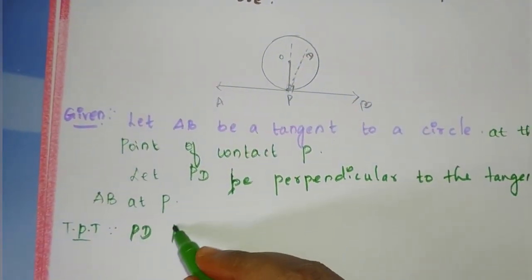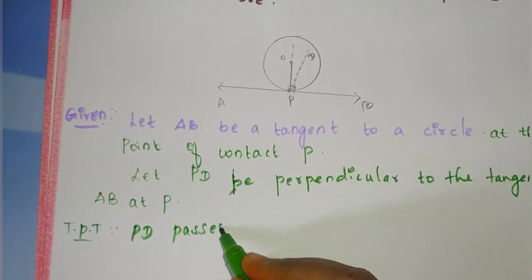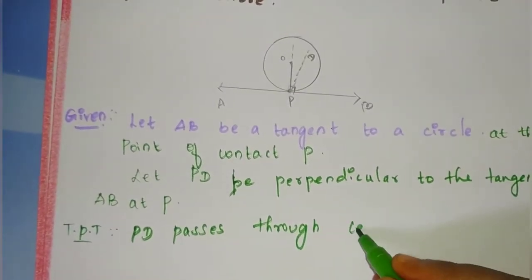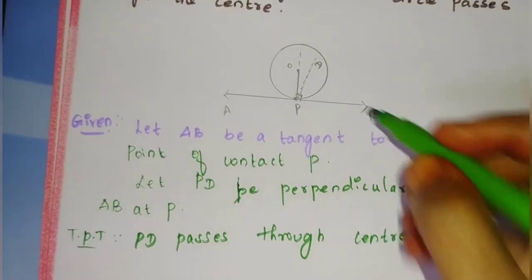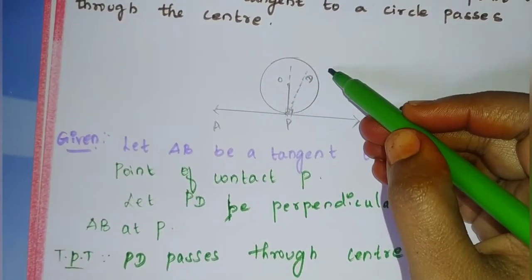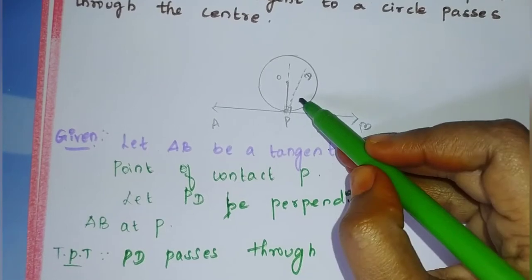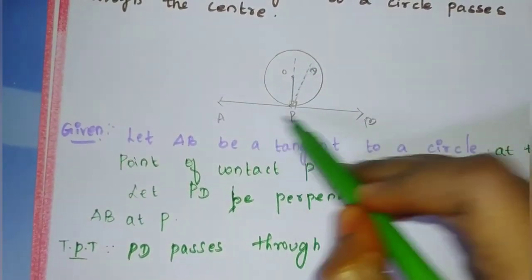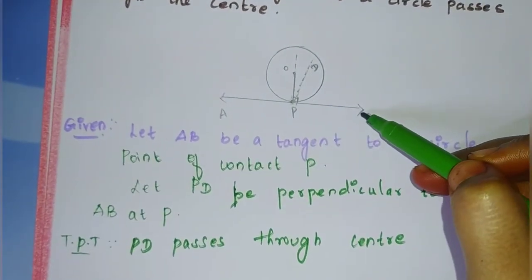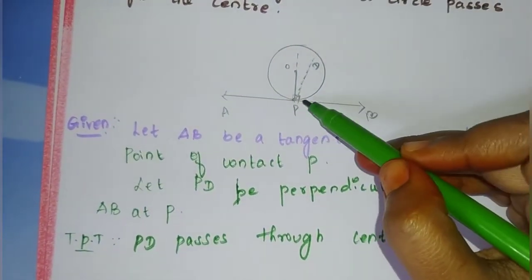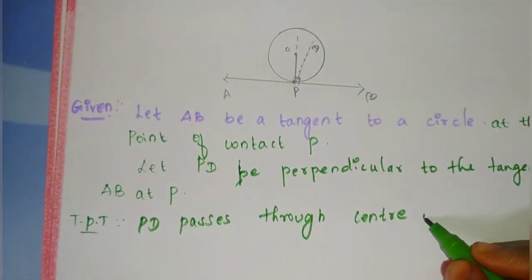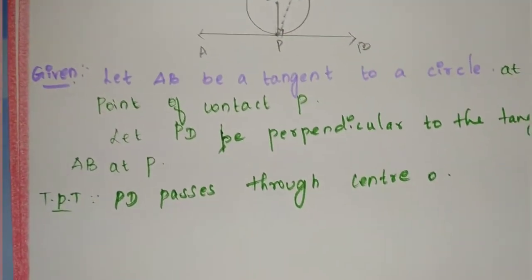PD passes through the center. I said that it is a perpendicular line to the tangent AB. You have to prove that this PD passes through the center only.